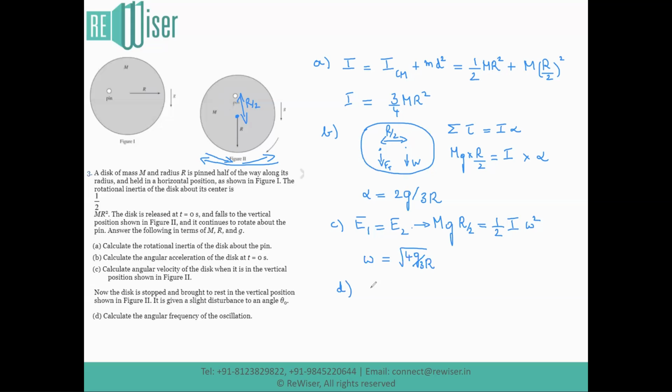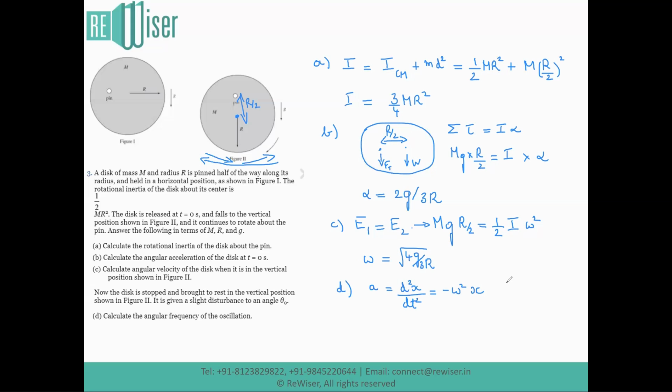For simple harmonic motion, we have acceleration a, which is the double differentiation of position, d squared x by dt squared, equal to minus omega squared x, where omega is the angular frequency.